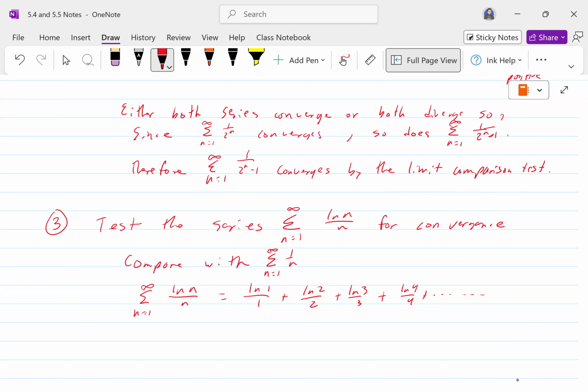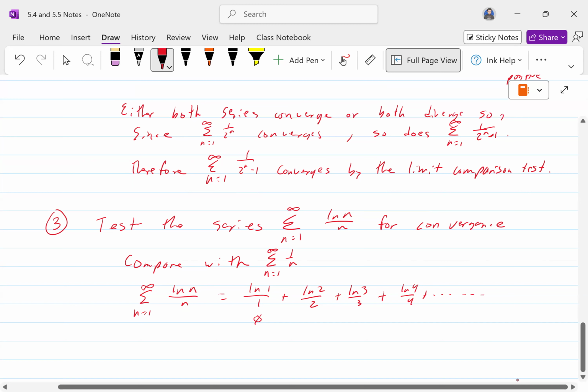Natural log 1 over 1 is 0. Natural log 2 over 2 is 0.693 over 2. Natural log of 3 is 1.099 over 3. Natural log of 4 is 1.609 over 4. And then it goes on from there.